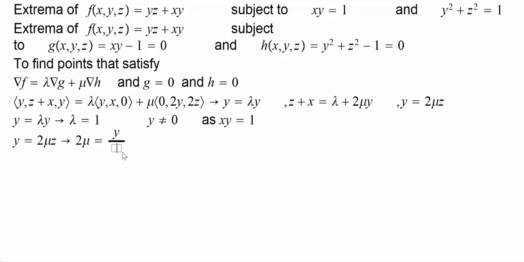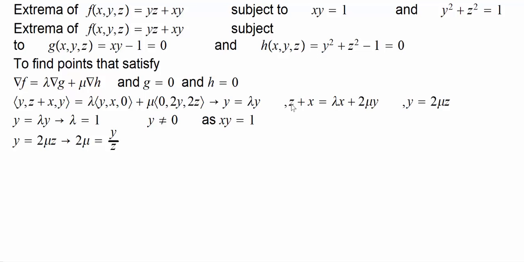So what we got is lambda is 1 and 2 mu is y over z. And notice I think I have made a little mistake here. I should have had a lambda x. I don't know why I left it out here.